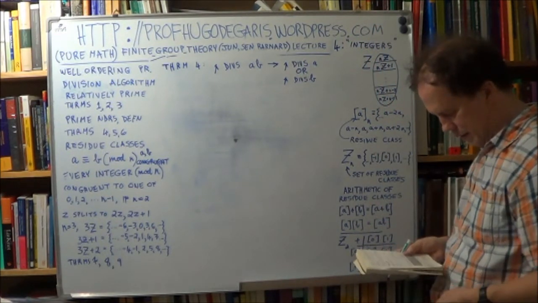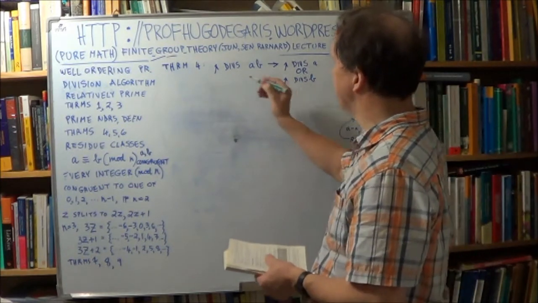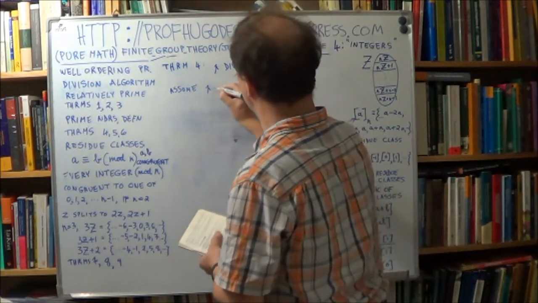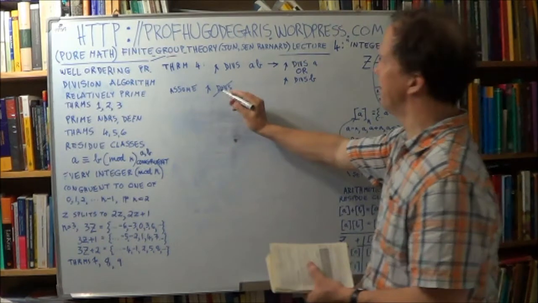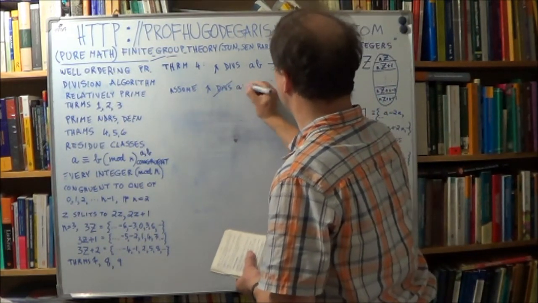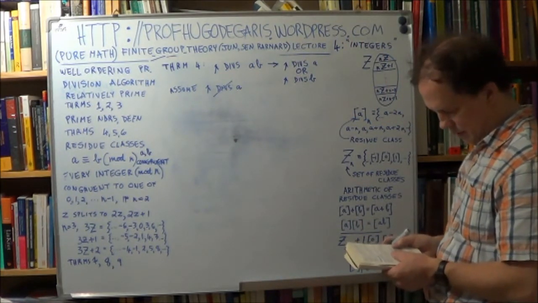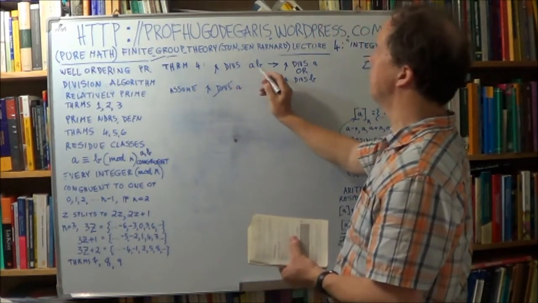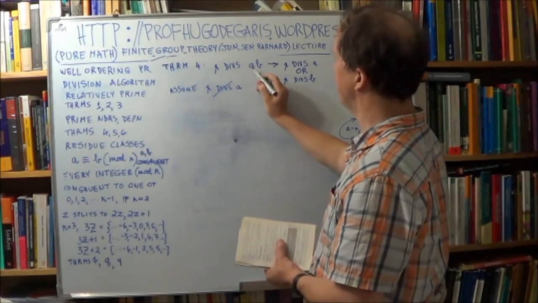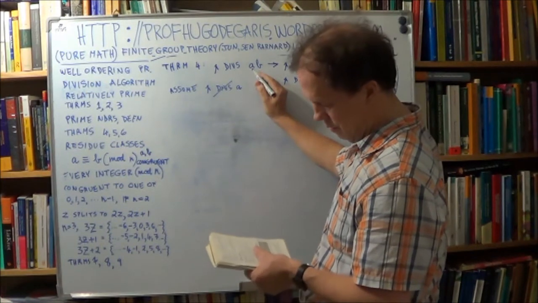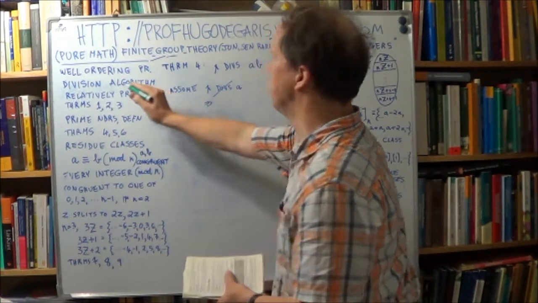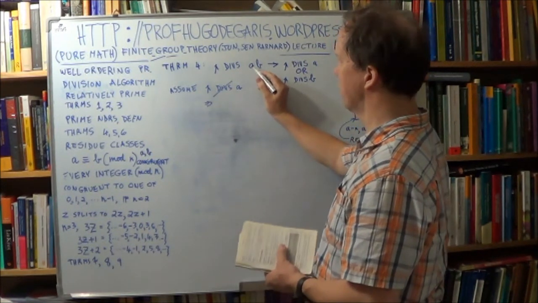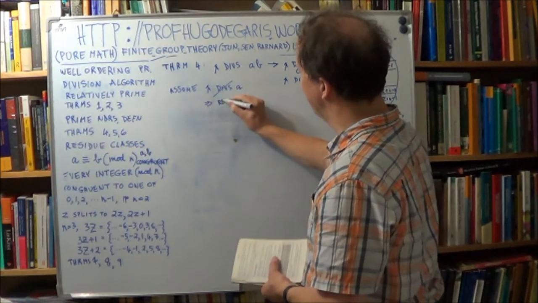Now, how do we actually prove it? Let's assume P does not divide A. Now we're told that P does divide AB, and we're now assuming that P does not divide A. So from theorem 2, if you can remember it, if P divides the product and P does not divide the first one, that implies that P and A are relatively prime.